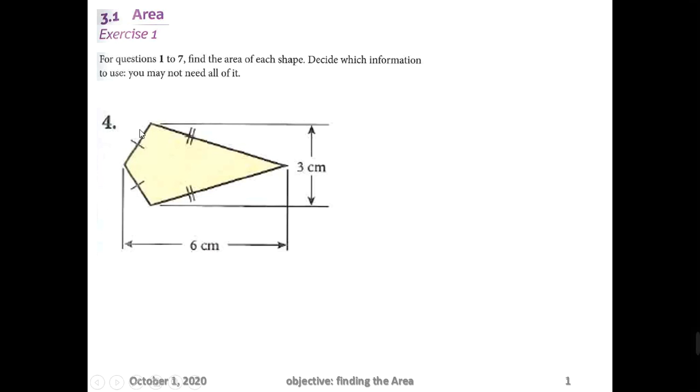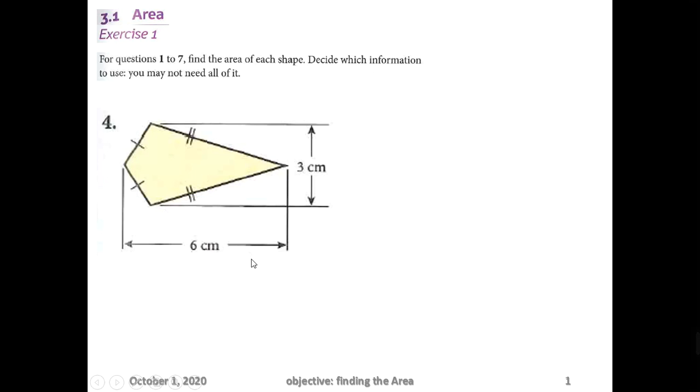It has four sides as you can see here, four angles, but every two adjacent sides are equal. This side is adjacent to this side and they are equal. This side here is adjacent to this side and they are equal.